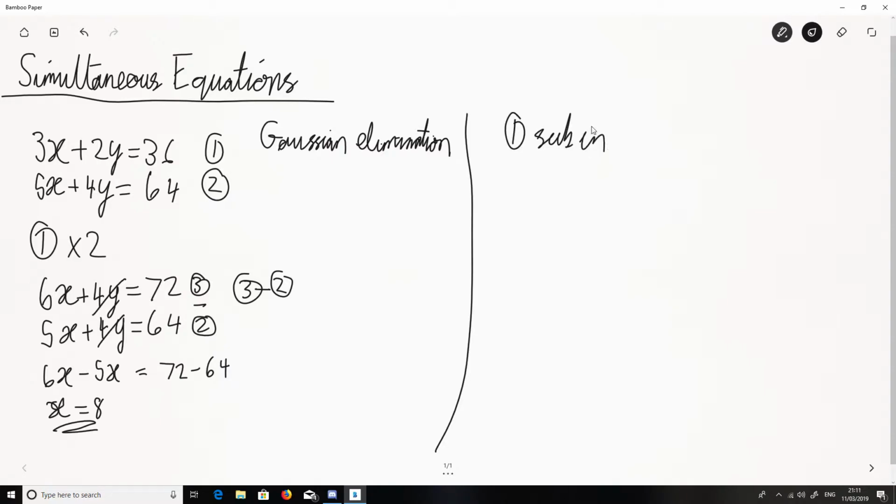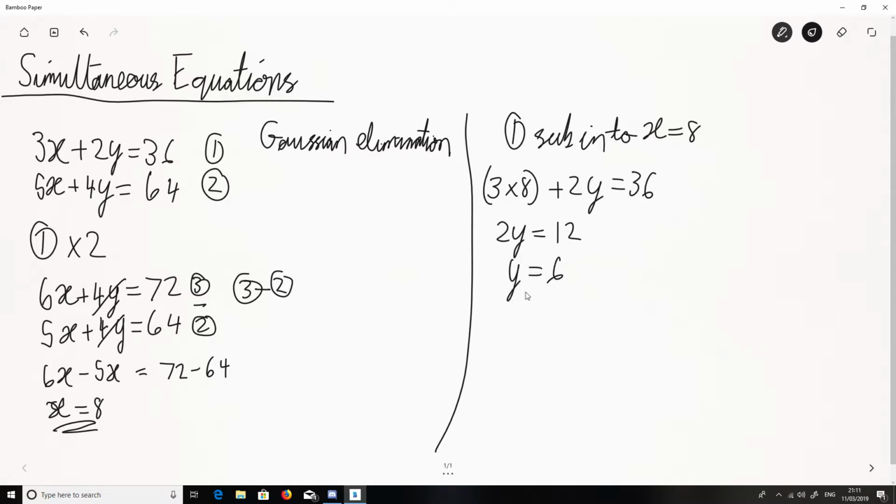So we've now got 3 times 8 plus 2y is equal to 36. 3 times 8 is 24, so 2y equals 36 minus 24, which is 12, and so y is equal to 6.